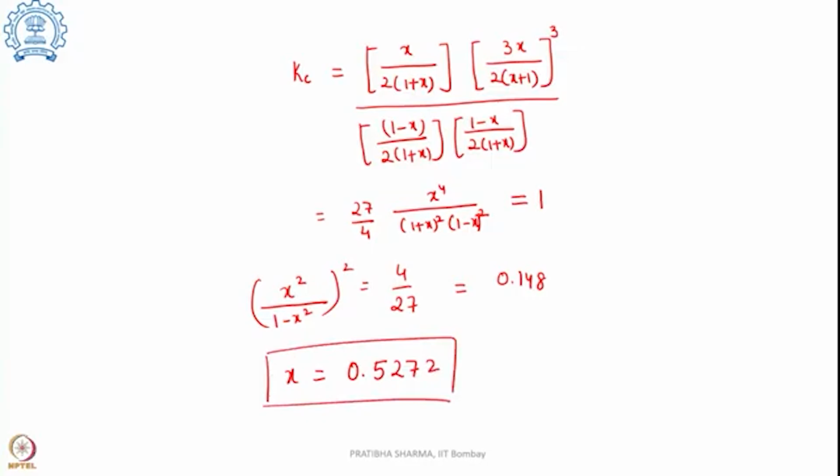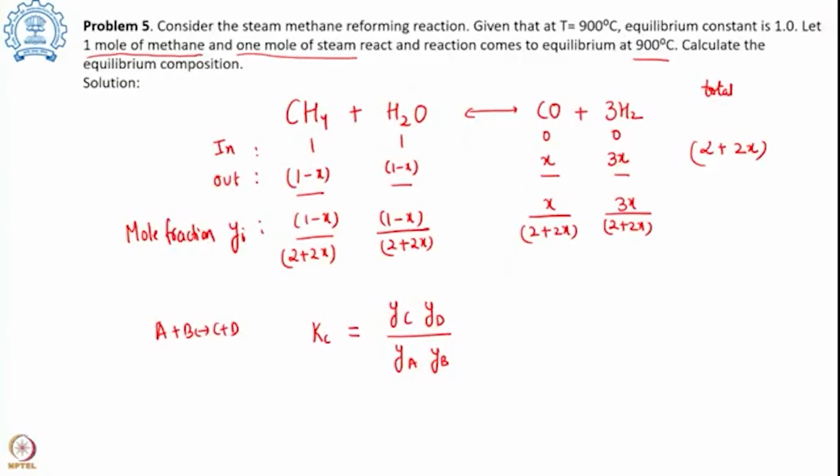Now, this can be used to find the product gas composition for the individual species involved. So, again writing in terms of the mole fraction, we will find the mole fractions by substituting in the table. In the table, the mole fraction for methane is 1 minus x upon 2 plus 2x, similarly for steam, for CO and for hydrogen.